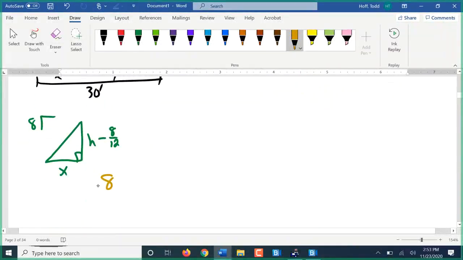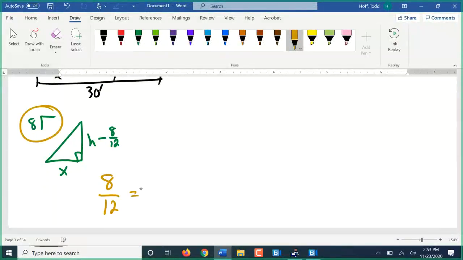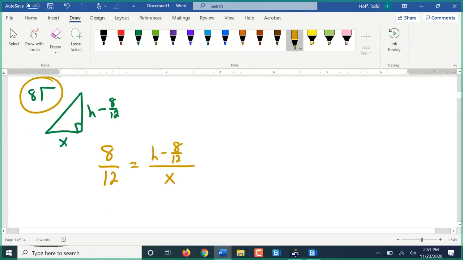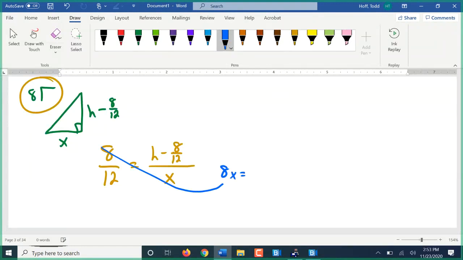So I have my slope of 8/12, that's from this, equals a rise of h minus 8/12 over x. And now I have to multiply. So 8 times x is just 8x, equals 12 times h minus 8/12.